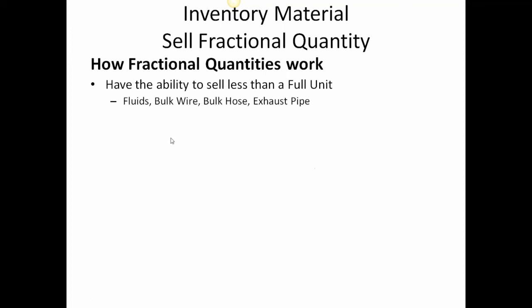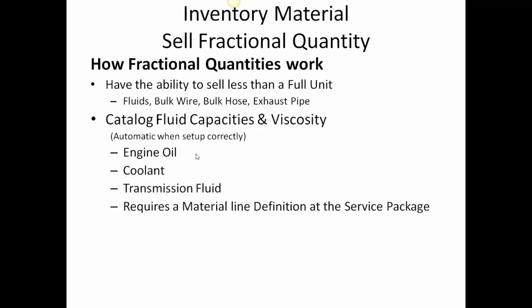How do fractional quantities work? Pretty simple. We want to have the ability to sell less than a full unit, whether that's a quart of oil, a gallon of antifreeze, or a foot of heater hose. So usually fluids, bulk wires, bulk hoses, exhaust pipe. I see a lot of people break it down into fractional quantities.